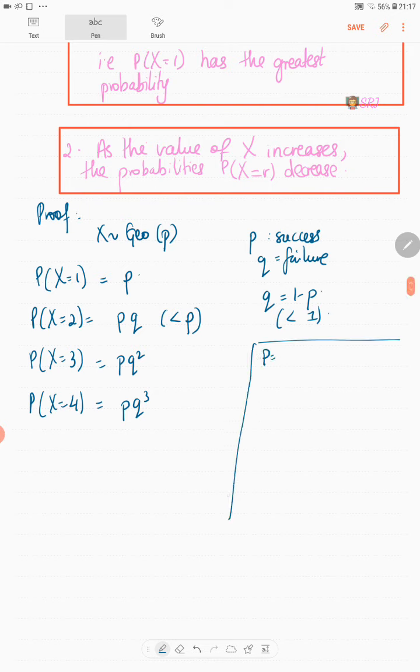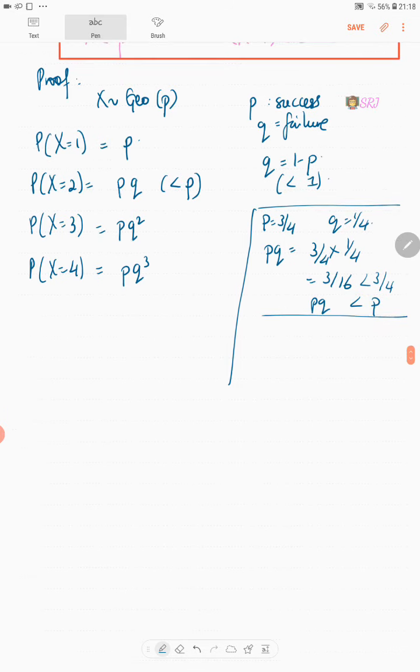If we have P is equal to 3/4, Q is equal to 1/4. So if we take PQ, we have to calculate 3/4 times 1/4, which is 3/16. So we can see that 3/16 is less than 3/4. Therefore, we can say PQ is less than P.